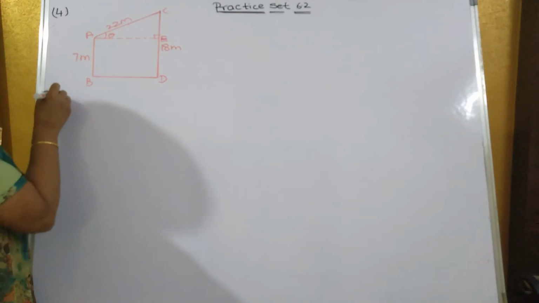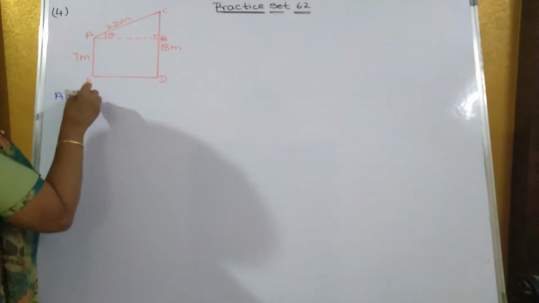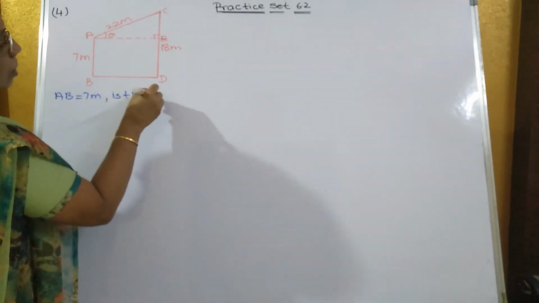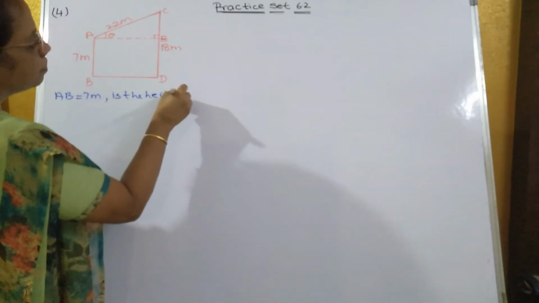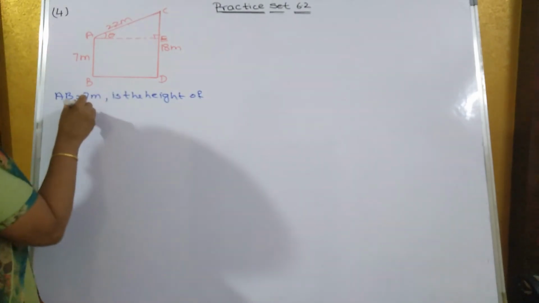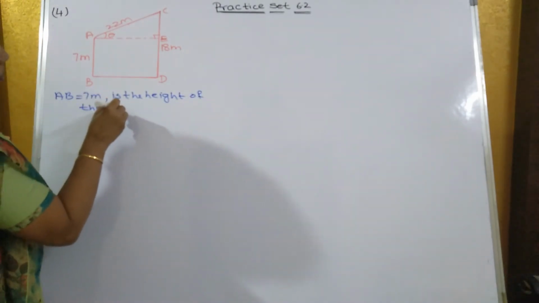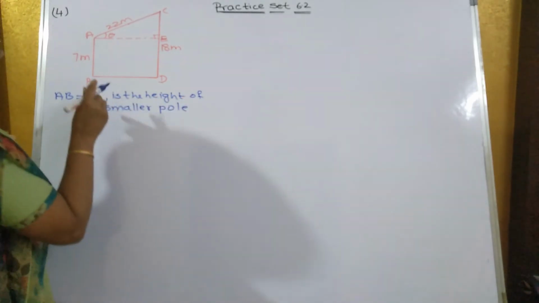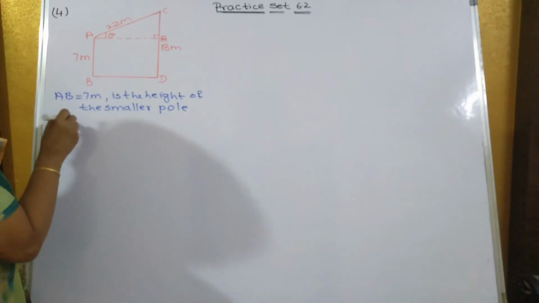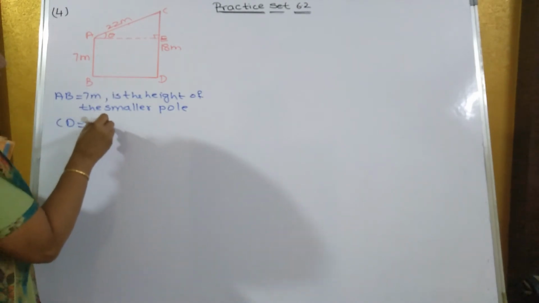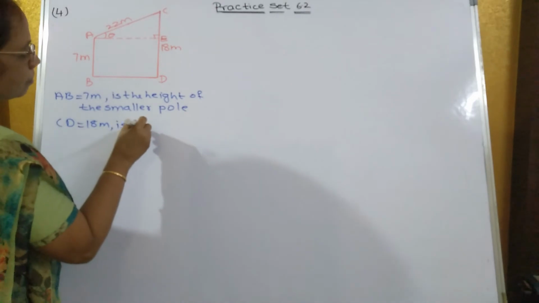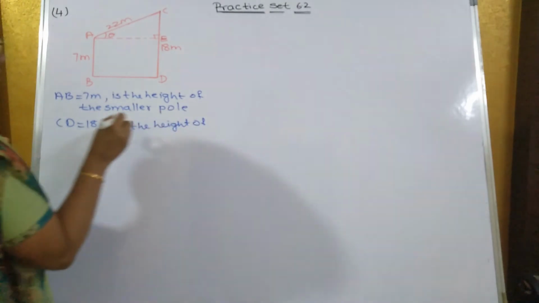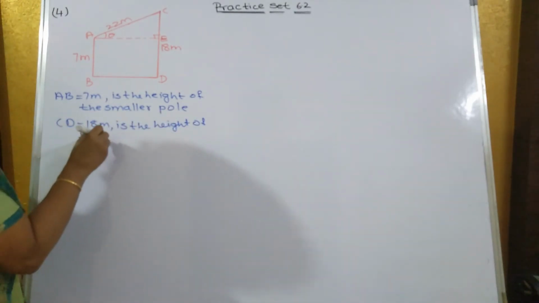AB is equal to 7 meter is the height of the smaller pole, and CD is equal to 18 meter is the height of the bigger pole.